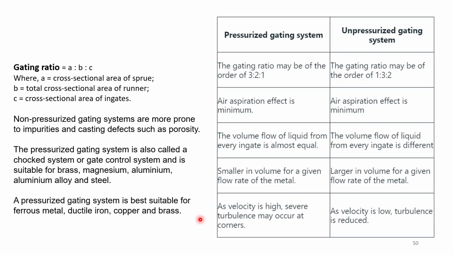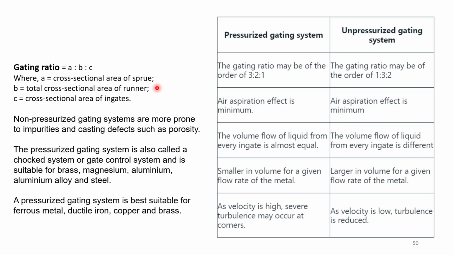Now you have types of gating systems. These depend on gating ratio. This ratio is A:B:C, where A is the cross section area of sprue, B is the cross section area of the runner, and C is the cross section area of ingates.